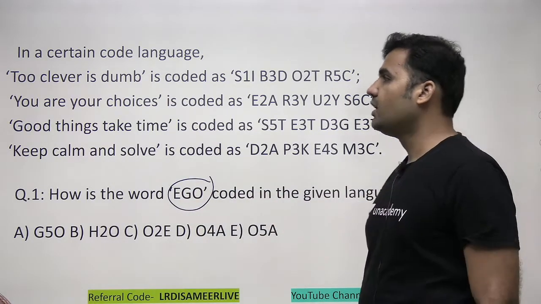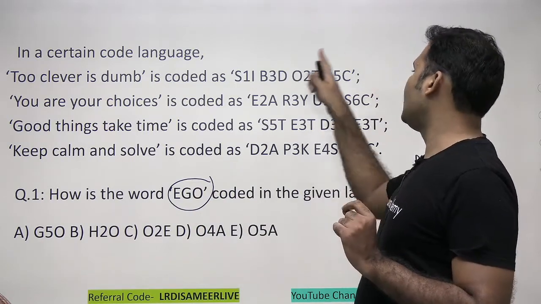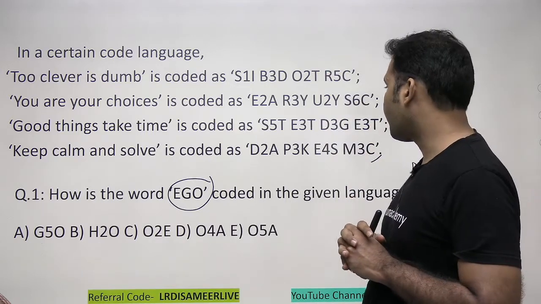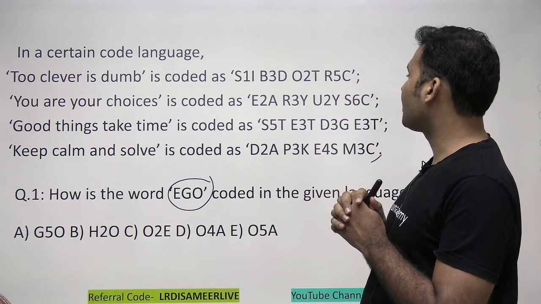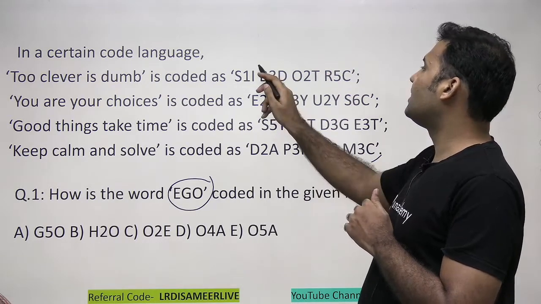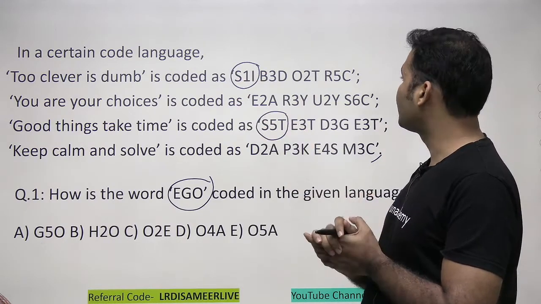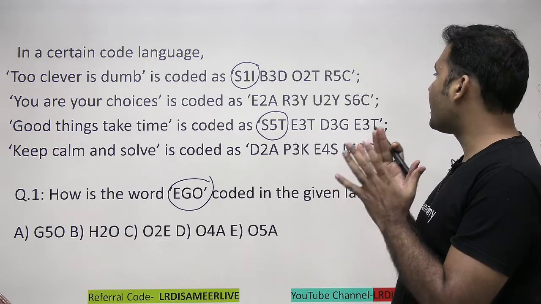All right. So how do you decode it? You always try to see in these codes the common alphabets and the common numbers. Can you find some codes which have the common alphabets and the common numbers? I can clearly see that both of these 2 codes are starting with S. Look for some more codes which have the same alphabet or numbers.